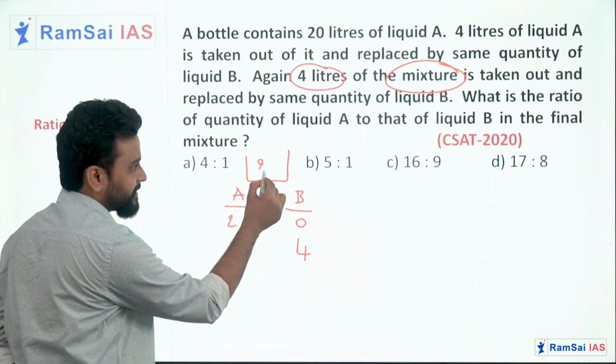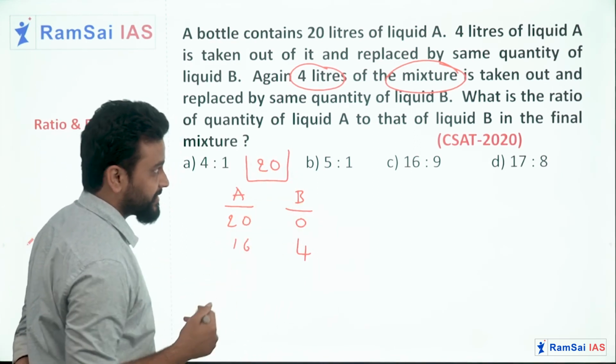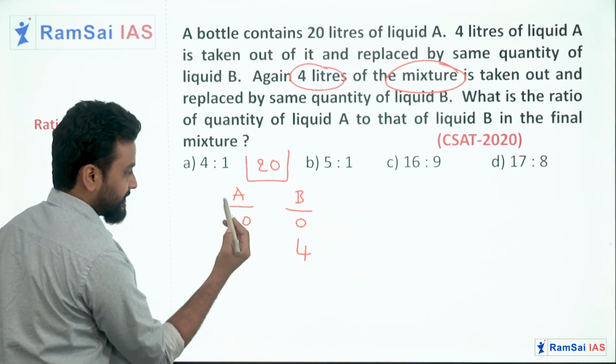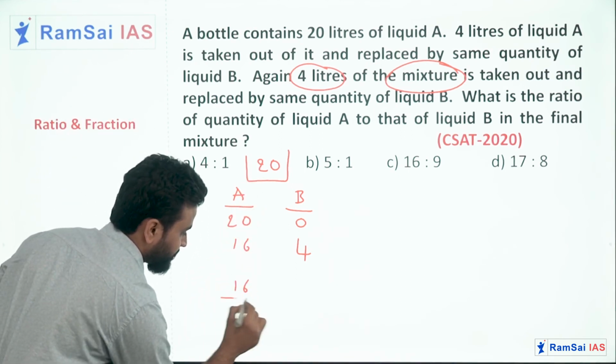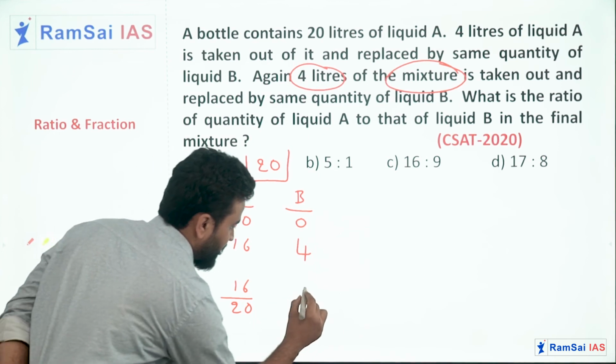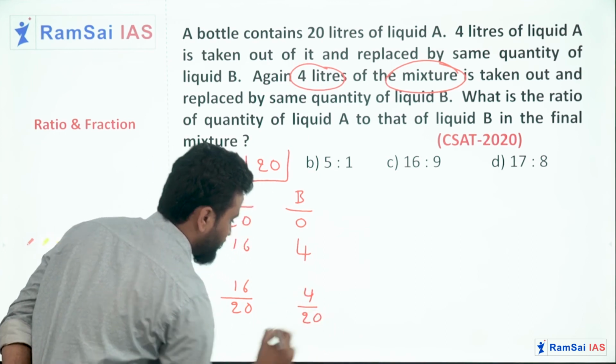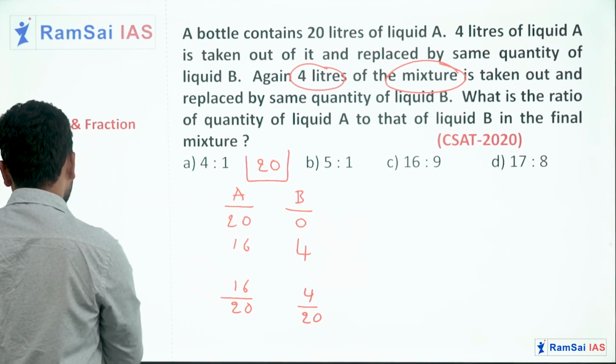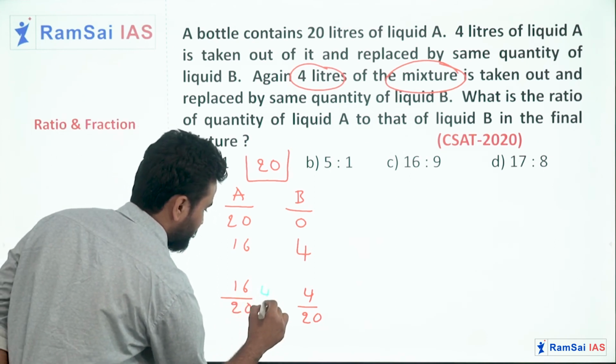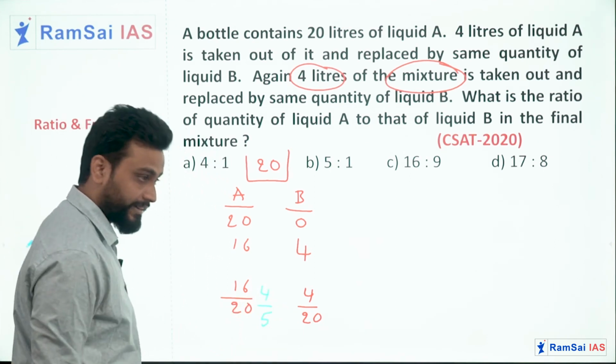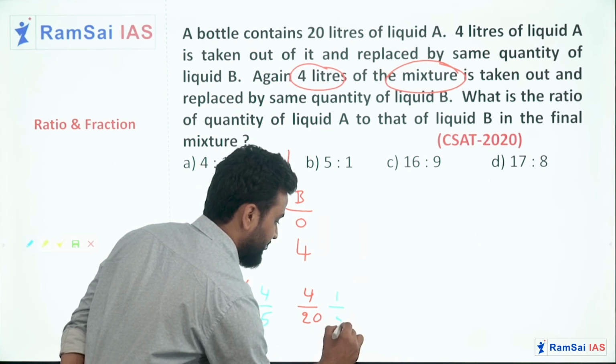Total 20 liters of mixture we have inside the vessel, and out of 20, 16 liters are A. Out of 20, 4 liters are B. So, I can write it as 4 by 5 is liquid A, 1 by 5 is liquid B.